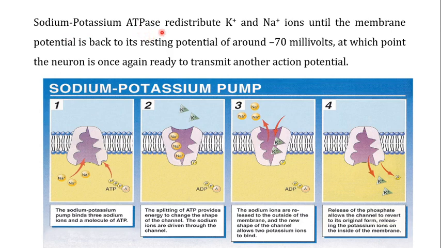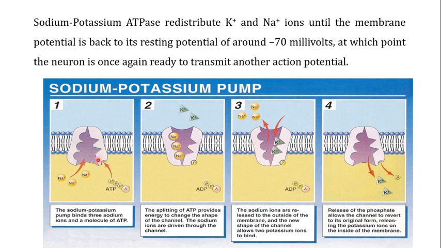But the sodium-potassium ATPase pump is responsible for the redistribution of the potassium and sodium ions until the membrane potential is back to its resting potential of around minus 70 millivolt. And why is it necessary to get back to minus 70 millivolt? Because it is at this point that the neuron is once again ready to transmit another action potential.